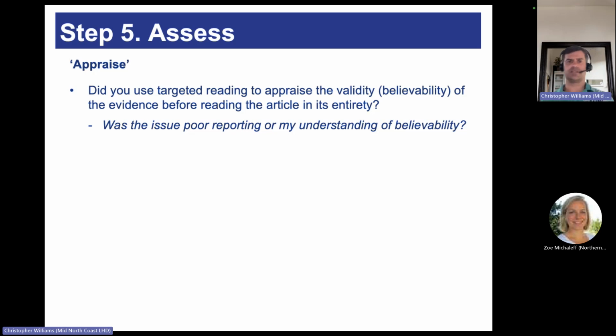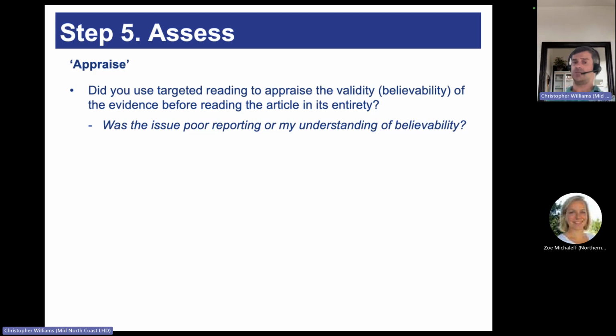When we're going about appraising different types of evidence, you can use some targeted reading to make it a little bit more proficient. We learn about these concepts of validity or believability of the evidence, and you don't need to read the article in its entirety to pick out some of those aspects.